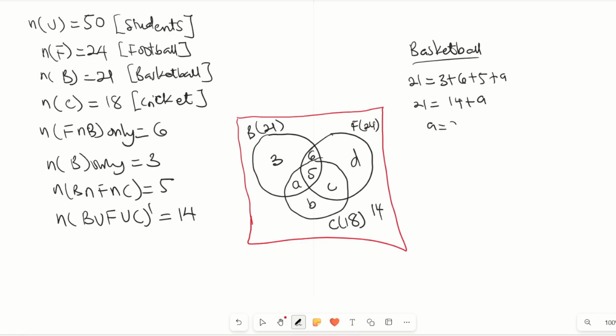So A is equal to 21 minus 14. So A is equal to 7, so the A region here is 7.